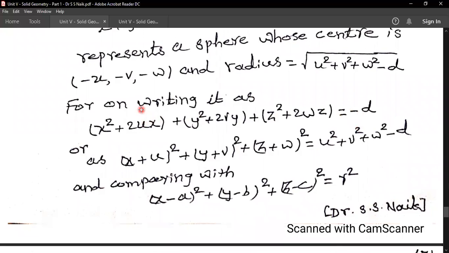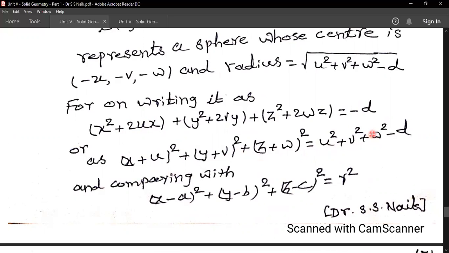Then this can be adjusted by completing the square. We get (x plus u) square, where u square has been added and has to be subtracted, so it goes on the right hand side as u square. Similarly for v square and w square, so it is equal to u square plus v square plus w square minus d.